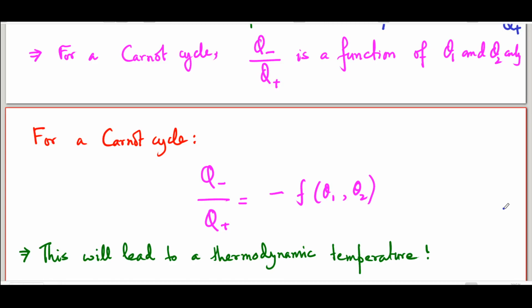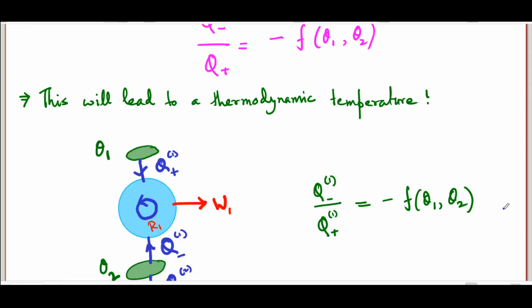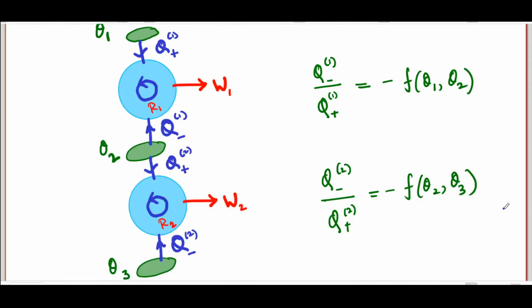How? Basically, Carnot's theorem, which after all is the second law in disguise, will give you a huge restriction on the possible forms of the function f of theta 1 comma theta 2. And in order to see that, we need to talk about a situation where we have a sort of composite engine. You have three reservoirs at temperatures theta 1, theta 2 and theta 3. You are running one Carnot cycle, a reversible cycle, between reservoir 1 and reservoir 2.